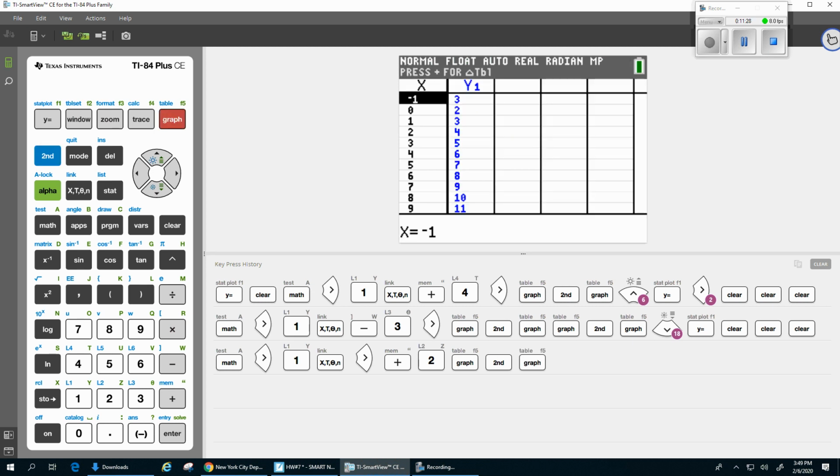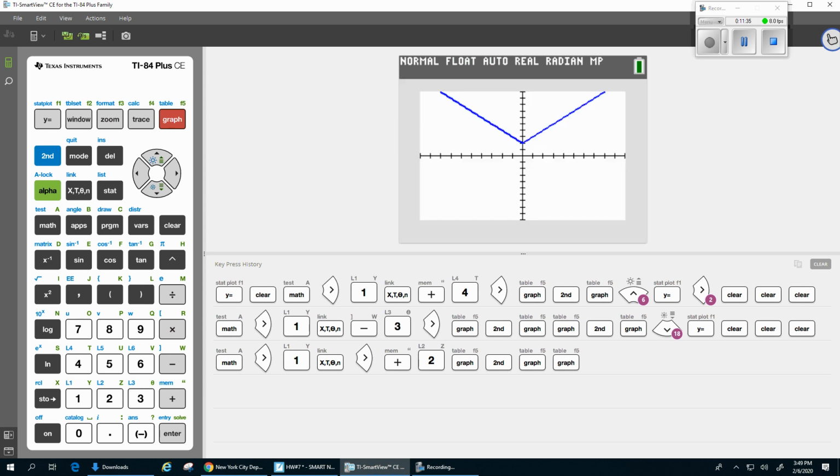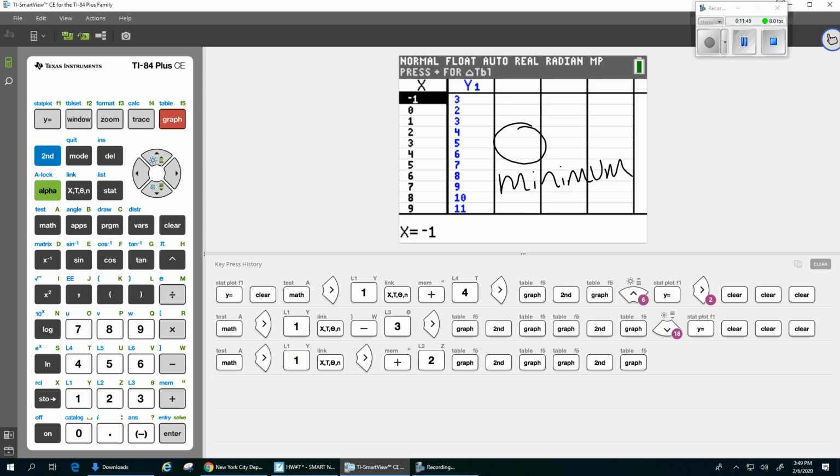And we're looking for the smallest y value in the table because, again, we have a minimum. This is the lowest point. So since we have a minimum, we're looking for the minimum value in the table.